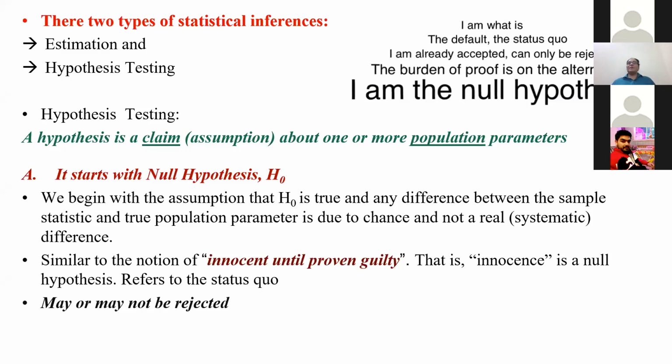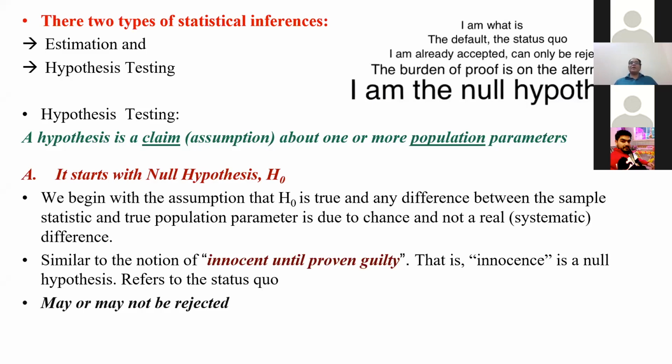A null hypothesis can only be rejected, because if I say that males and females are equal in their salary, if I make this statement, that the average salary of male is equal to the average salary of female, this cannot be accepted, right? This is already there.